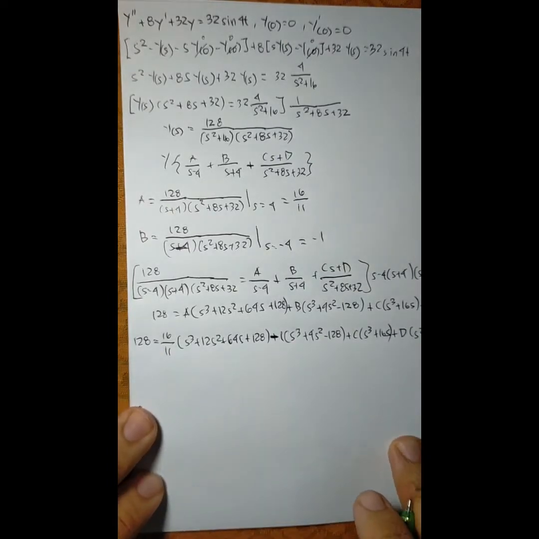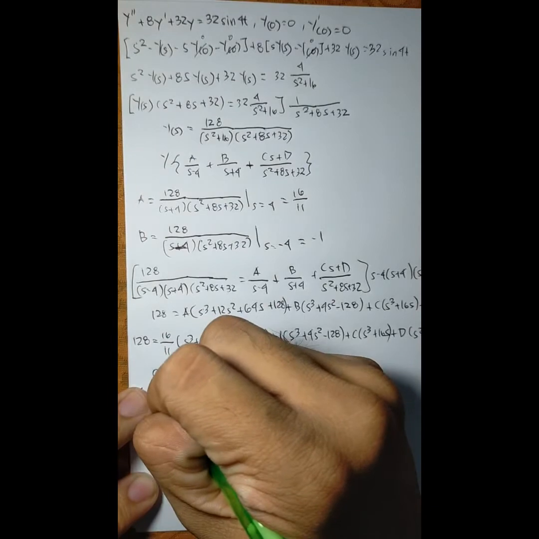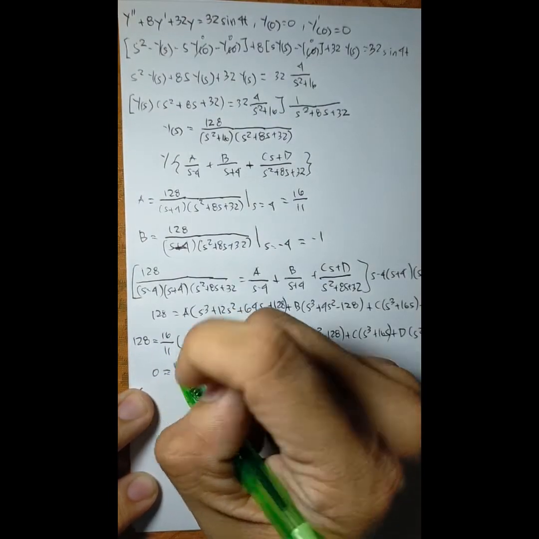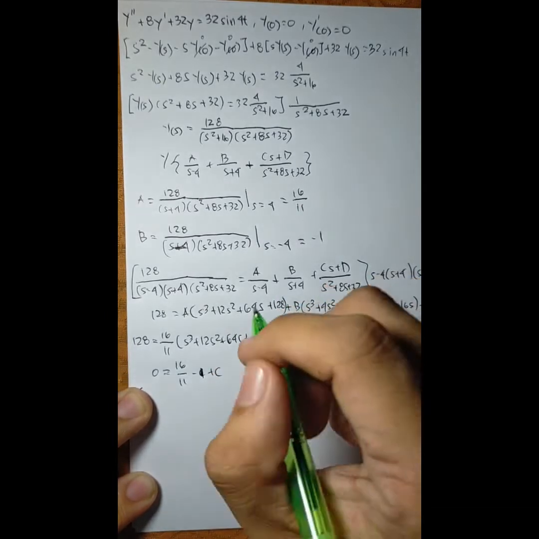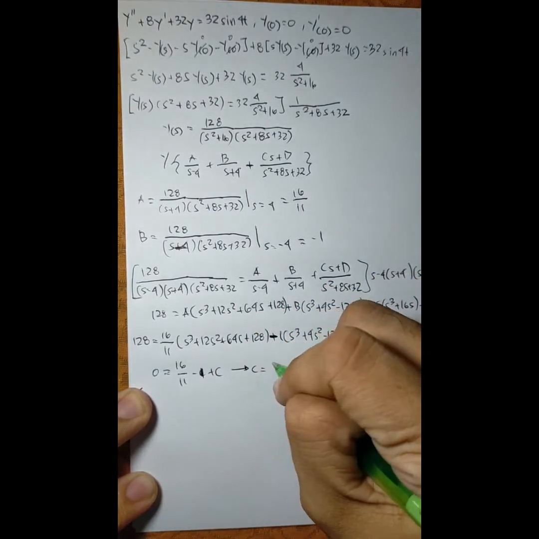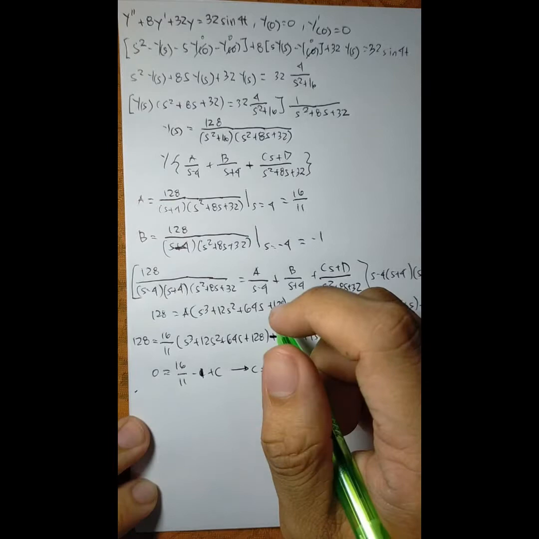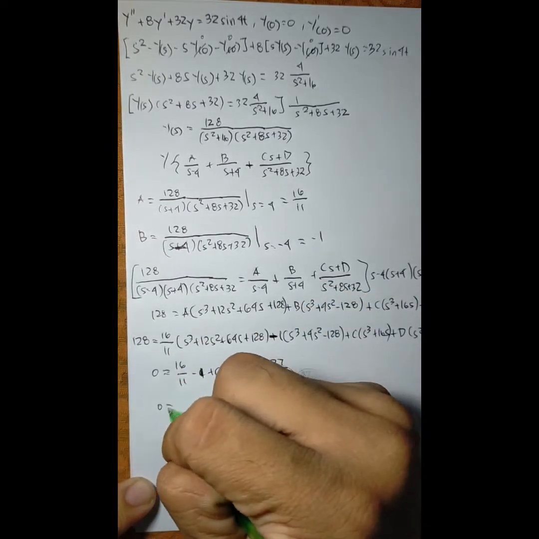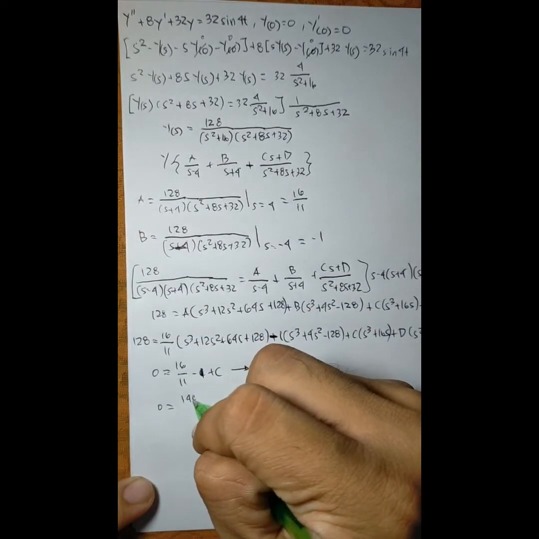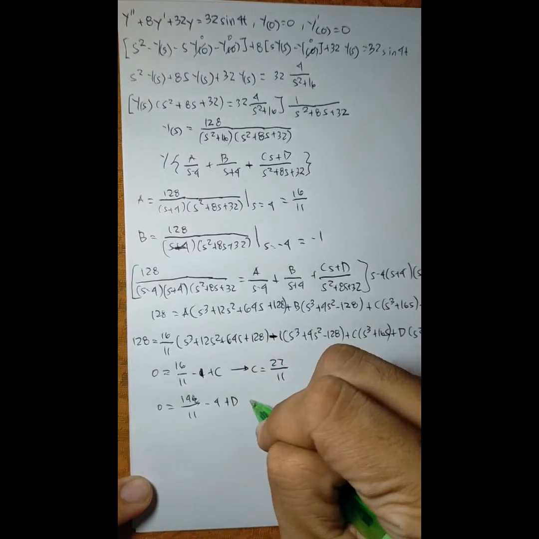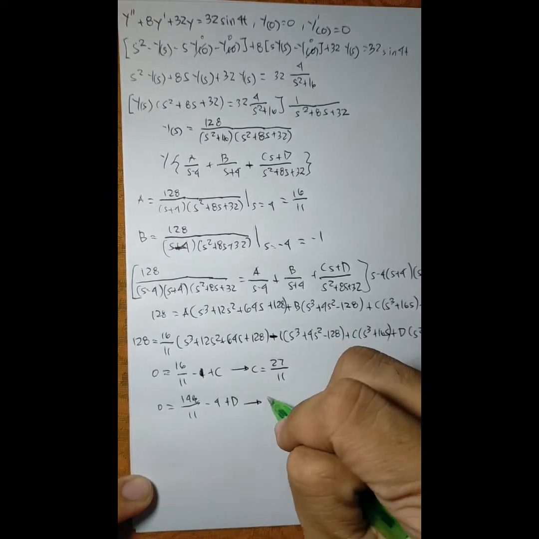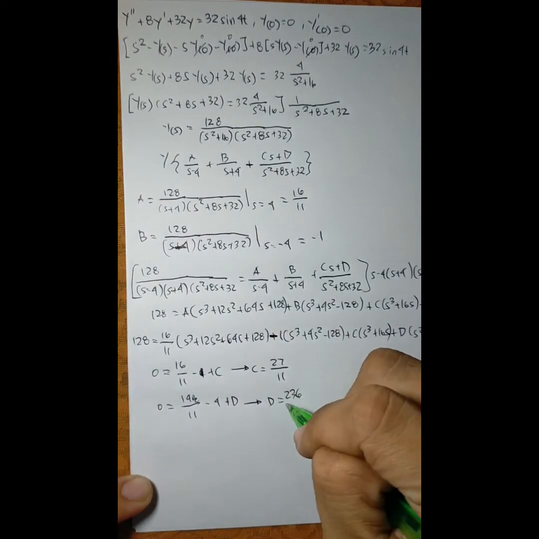And we will get the coefficient of s cubed, which is 0, is equal to 16 over 11 minus 1 plus c, and our c is equal to 27 over 11. And the coefficient of s squared is equal to 0, is equal to minus 4 plus d, and our d is equal to 236 over 11.